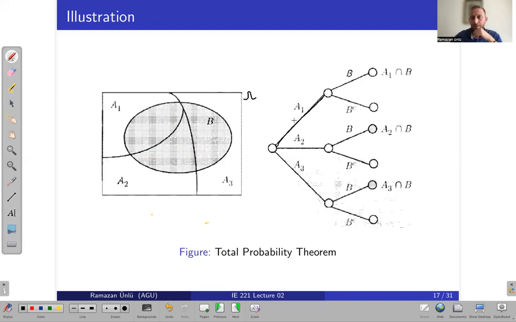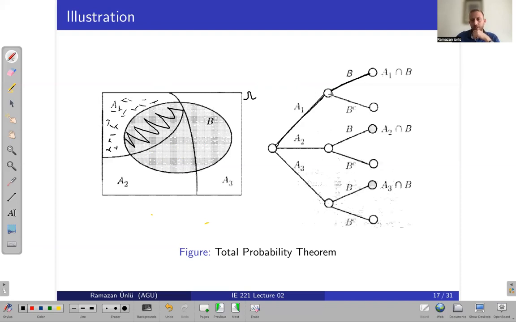After A1 happened, and that information is given to me, there are two things right here. The first is this part, and also B complement. This part is B complement.